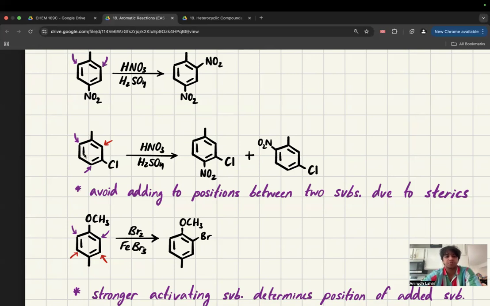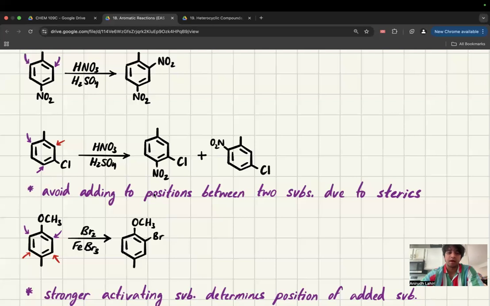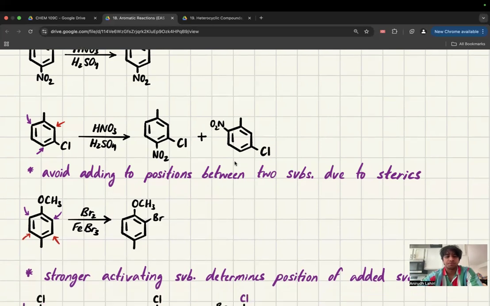If all these three positions are viable based on the concepts of electron withdrawing and donating and the ortho, meta, and para directing, then we move on to sterics. So we avoid adding to positions between two substituents. So we'll put it here. Makes sense? It's just the most stable place to put it.